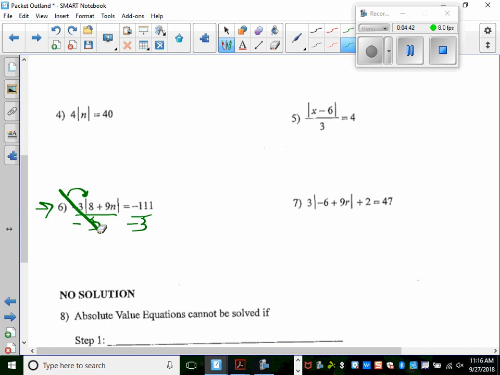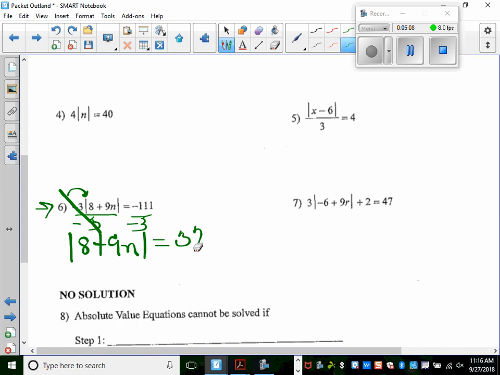So that will eliminate the times -3. And then I'm going to keep the bars for right now and say |8 + 9n| equals, and then what is negative 111 divided by a negative 3? 37. Okay, should be a positive, because we have a negative divided by a negative.